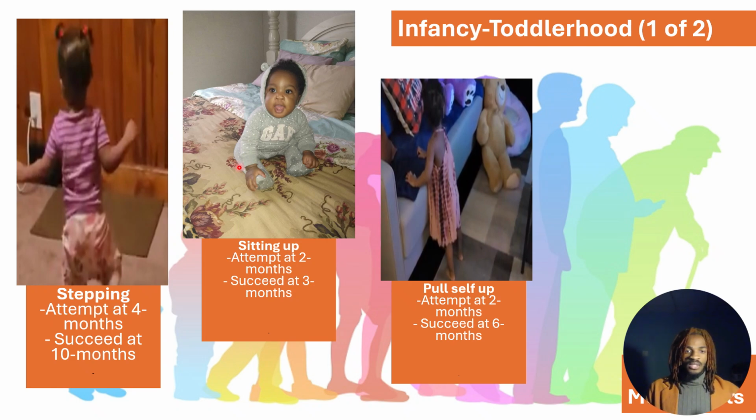She was able to start to sit up at 3 months, and she attempted to do that at 2 months. Also, she was able to pull herself up using a chair or sofa. In the image you see, she is using a sofa to pull herself up, and she successfully did it at the age of 6 months, and she attempted to do that at 2 months.